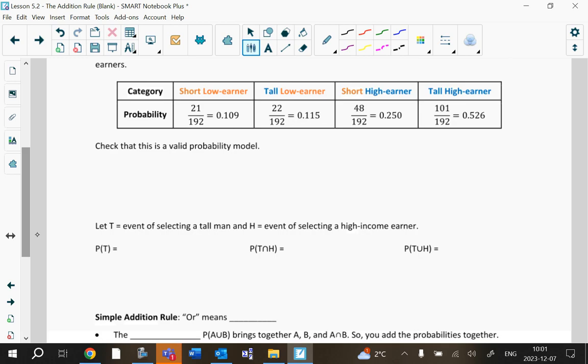First of all, we have to check to see if this is a valid probability model. Is this a question that we can analyze? Remember the 2 cases. Do you remember them?